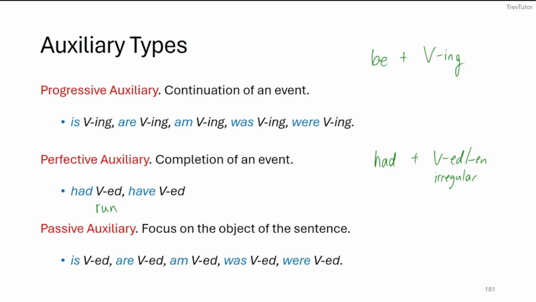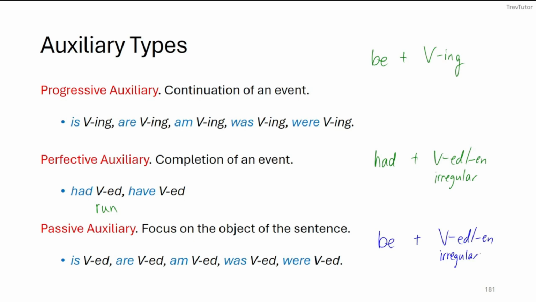Now, with passives, this makes the subject demoted in a sentence and it focuses on the object. So this is when you have be plus the verb with the ed or en ending, or also these irregular forms.